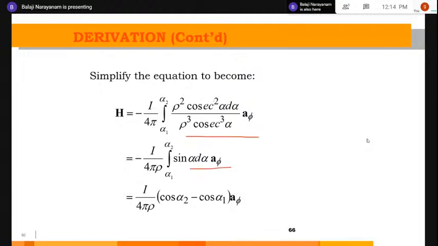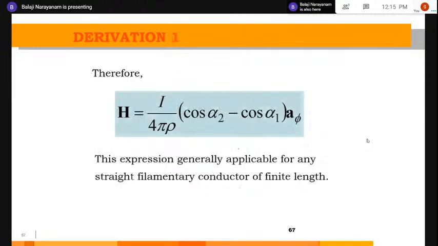Here cosecant cube is there, 1 by cosecant alpha is the resultant, and you are left with this: integral of sine alpha d alpha from alpha 1 to alpha 2, and you are left with 1 by 4 pi rho cos alpha 2 minus cos alpha 1, and the direction is along the phi direction. Finally you have derived the equation for magnetic field intensity as H is equal to 1 by 4 pi rho cos alpha 2 minus cos alpha 1 A phi.